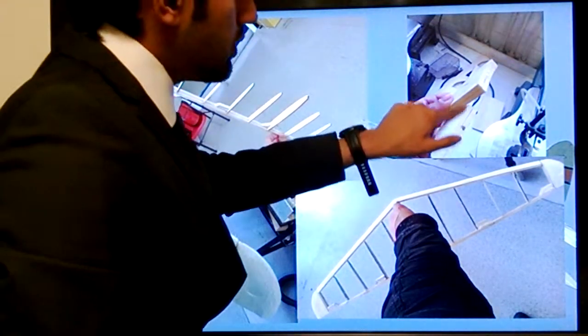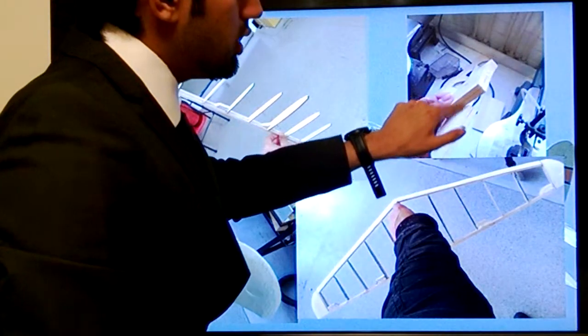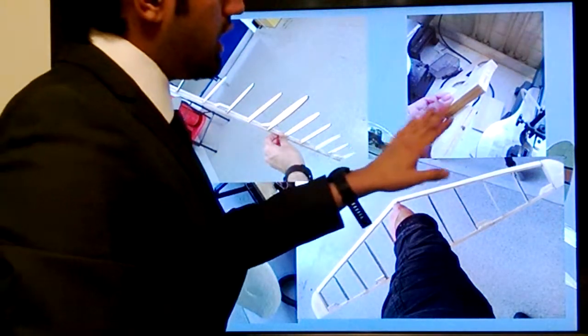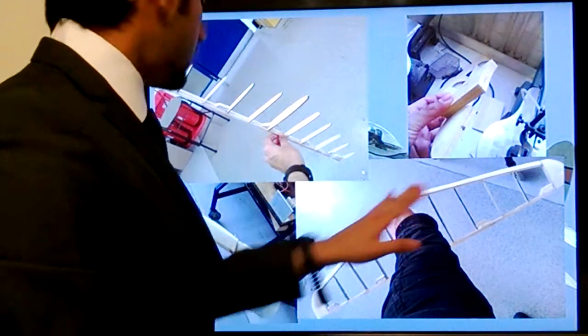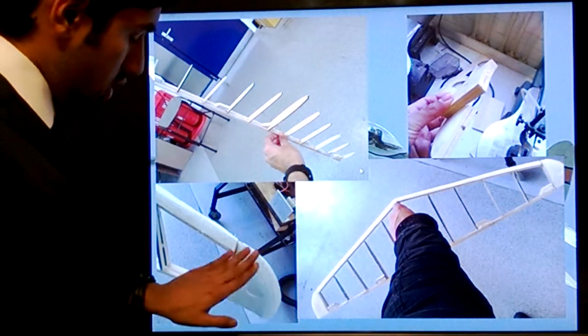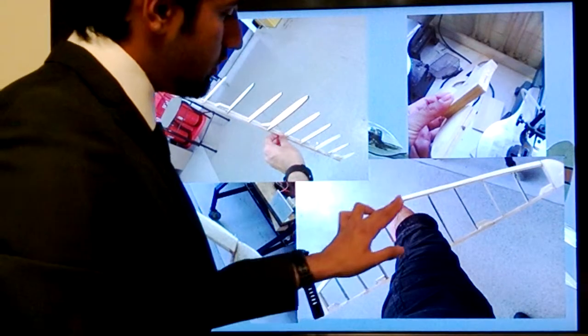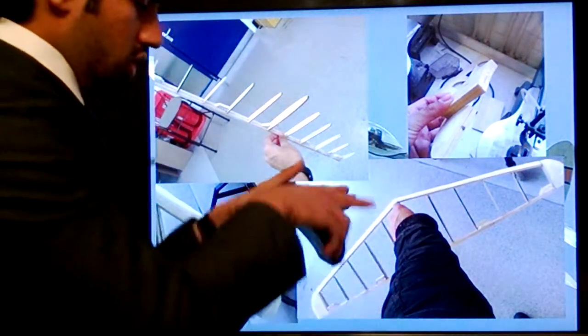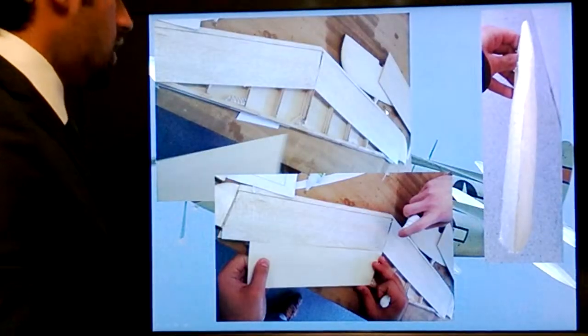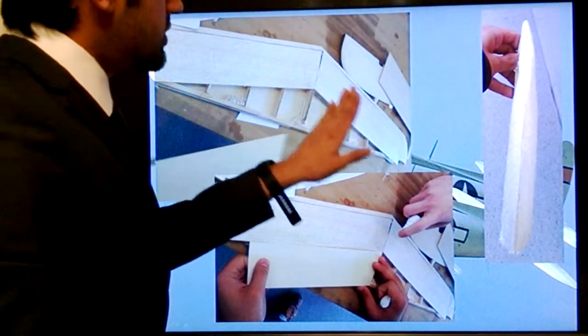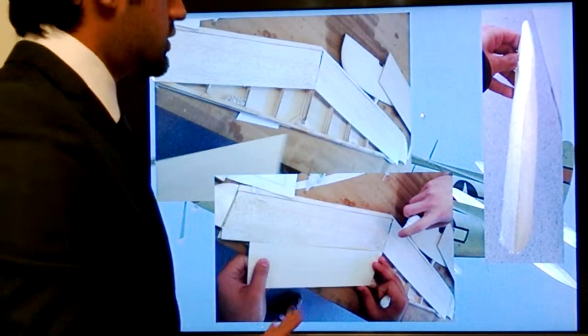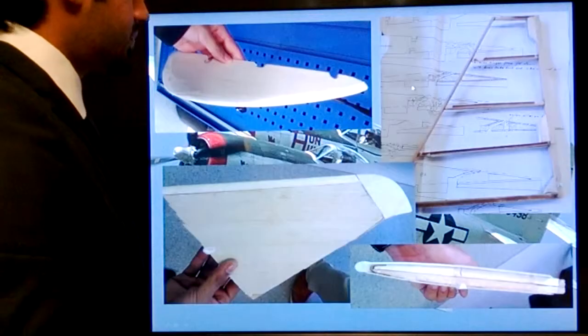The tips were also made in a similar way to the wingtip, two pieces glued together, and then cut, and as you can see, smooth, nice, sanded for aerodynamics. And the front edge was also made into a curve so that it is aerodynamic as well. And I also did some skinning over it with wood sheets, glued as well.